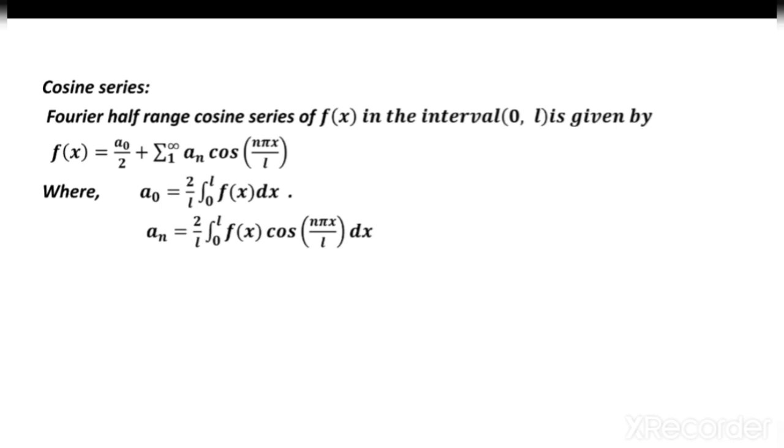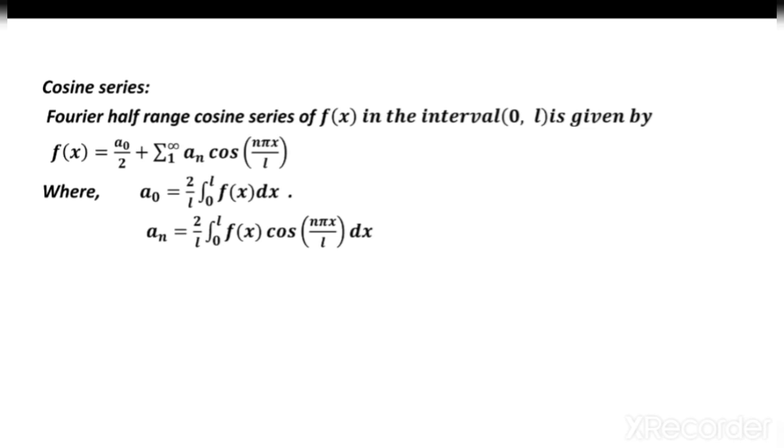Now, do you remember this formula? Have you seen this anywhere? Yes. When you discussed Fourier series, you discussed the even and odd nature of the function, and this formula you saw for the even function, and the sine series formula you saw for the odd nature of the function.